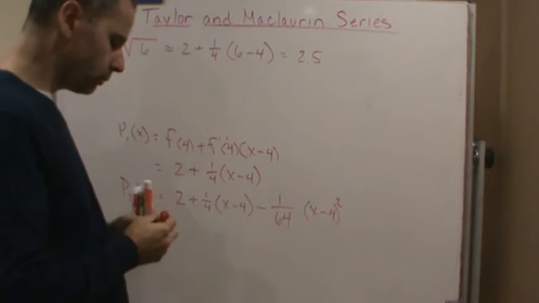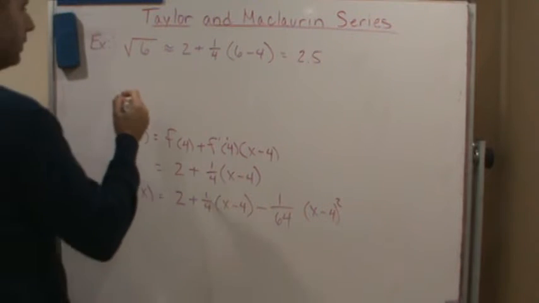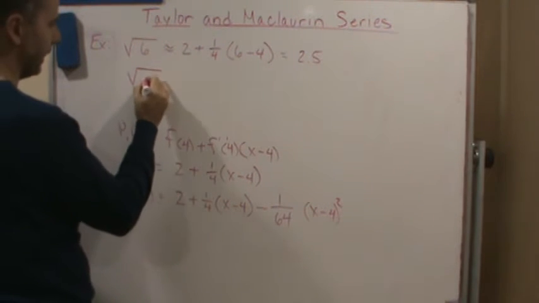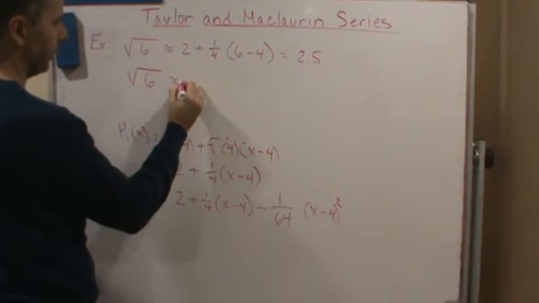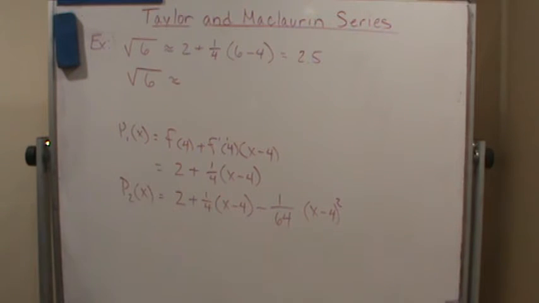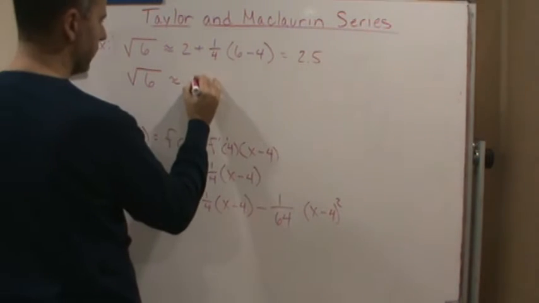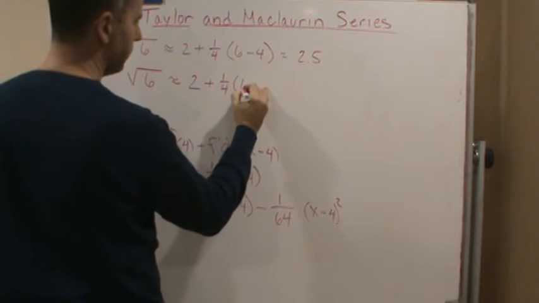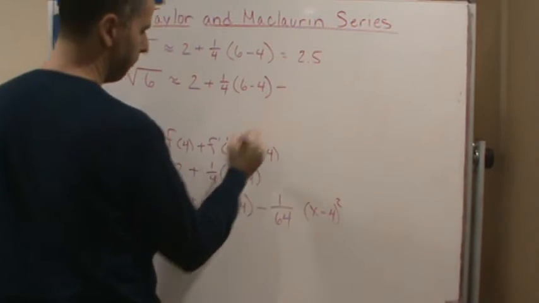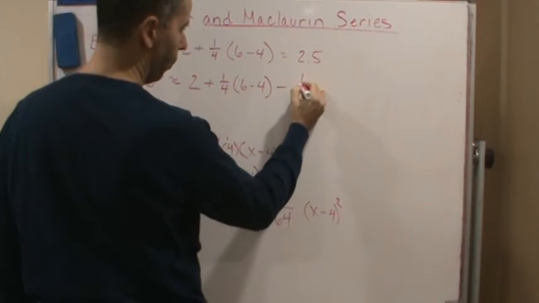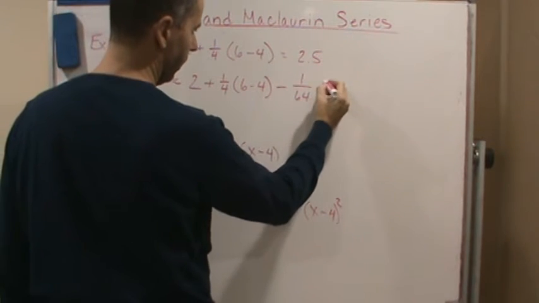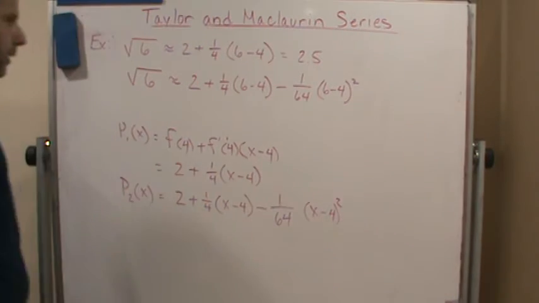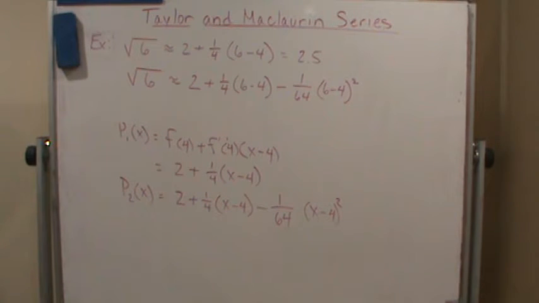Now let's use the second Taylor polynomial. By the second Taylor polynomial, we get an approximation of the square root of 6 using 2 plus 1/4 of 6 minus 4, minus 1/64 of 6 minus 4 squared.